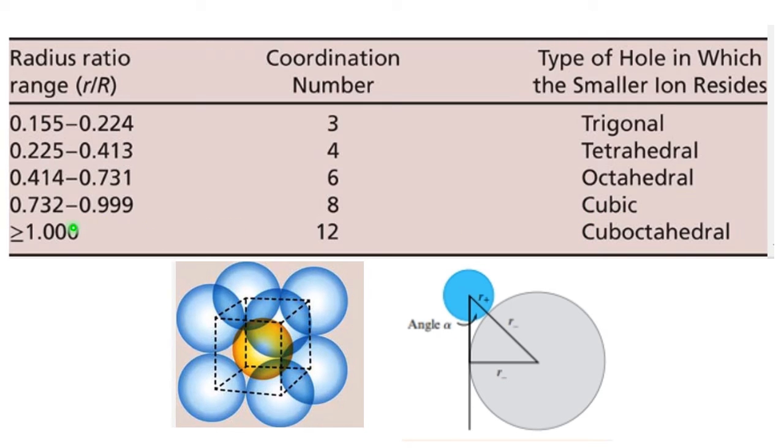Only if radii of positive and negative ions are identical, you can have close packing with coordination number of 12, like we have seen in most of elements. That can happen only for compounds of cesium and rubidium, and there are several other exceptions.